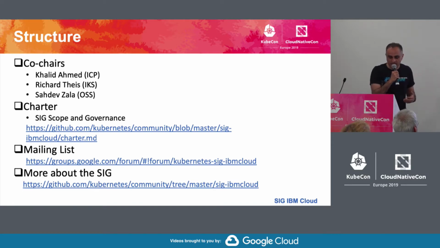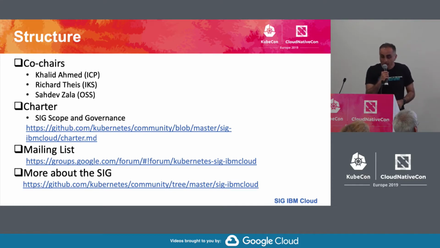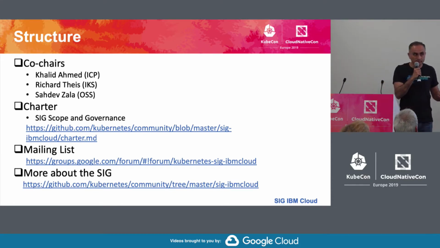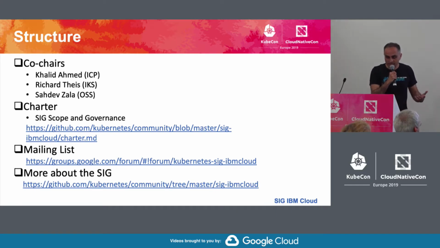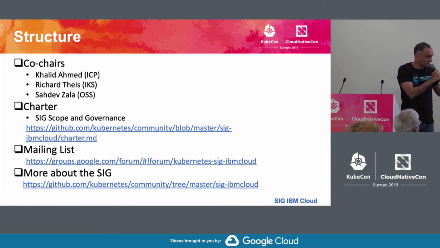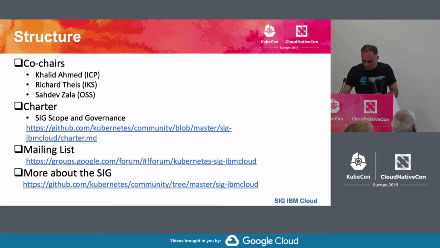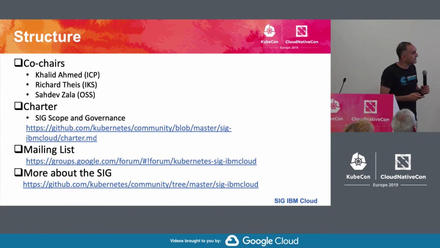Typically, it's the same governance all the SIGs follow. We have a mailing list, so if you're interested, please join the mailing list to stay up to date on what's going on. And you can learn more about the SIG on the README page on the GitHub community site. I should use this one.